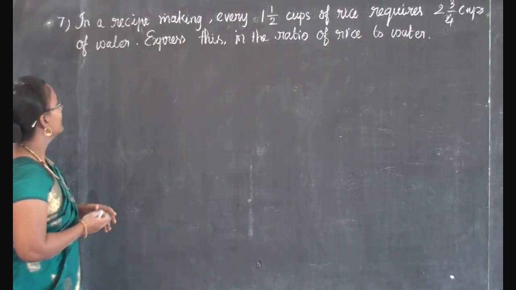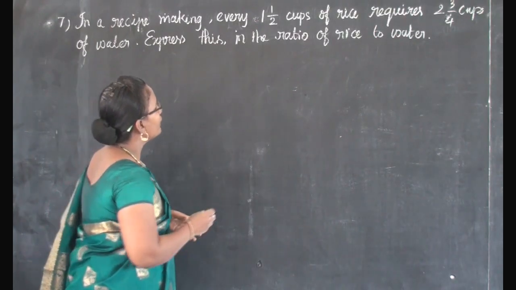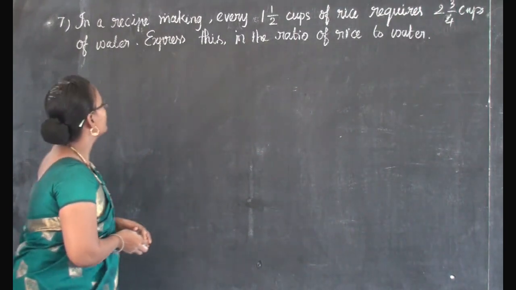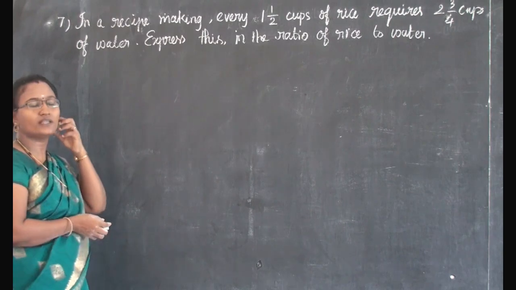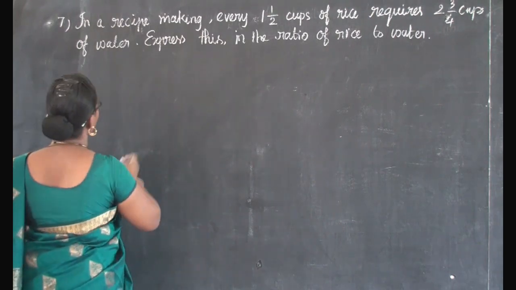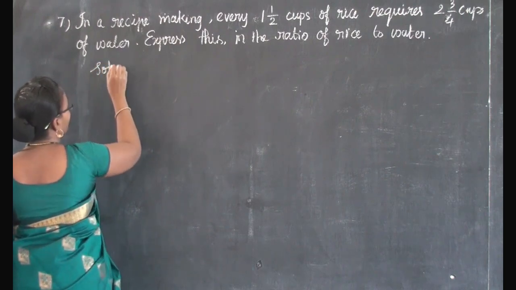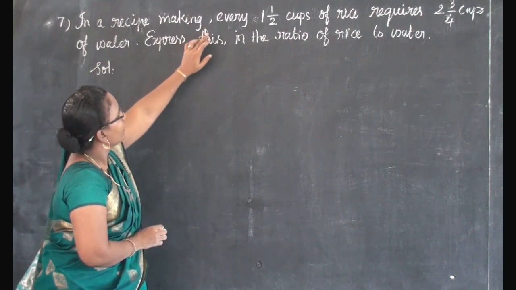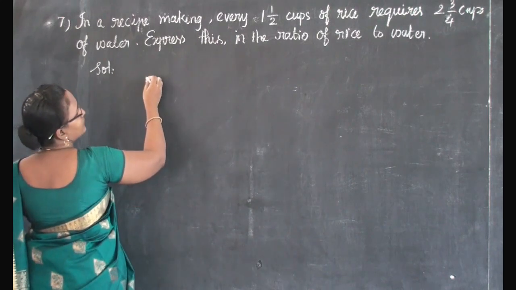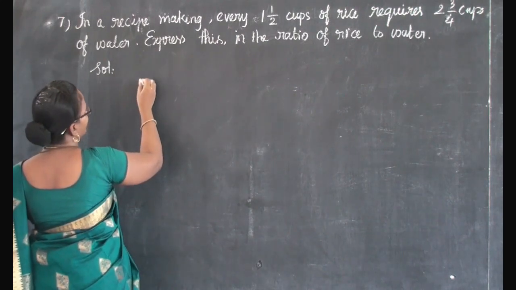Now the seventh one. In a recipe making, every 1.5 cups of rice requires 2 3/4 cups of water. Express this in the ratio of rice to water. First, listen here, every 1.5 cups of rice requires 2 3/4 cups of water.